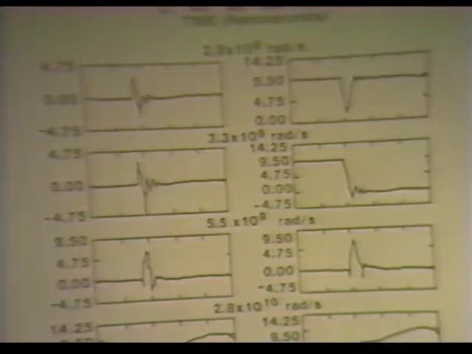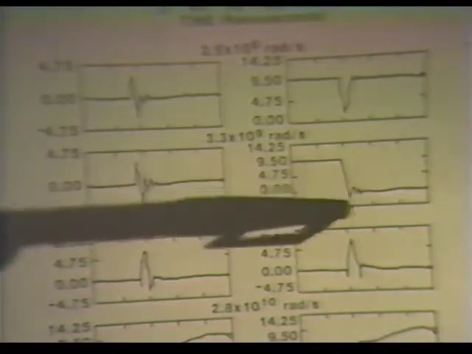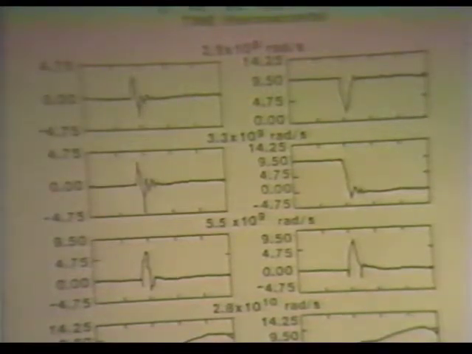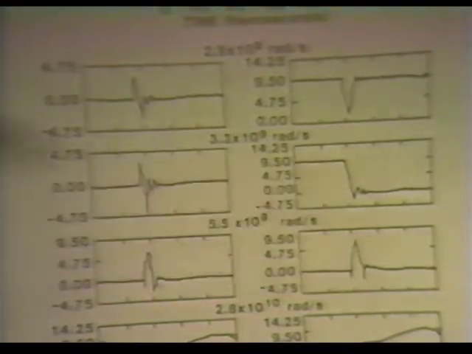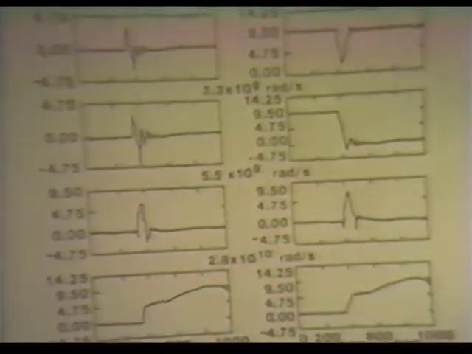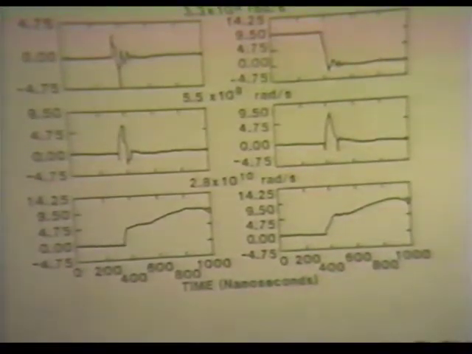Not always, but if the output device is in control there, it's a whole lot easier to turn an off device on than it is to turn an on device off, because something back upstream has to be in charge then. But you see, right there is the place where it changed states. And I don't even remember what the dose rate is here, but 2 times 10 to the 9th rads per second, about 3.